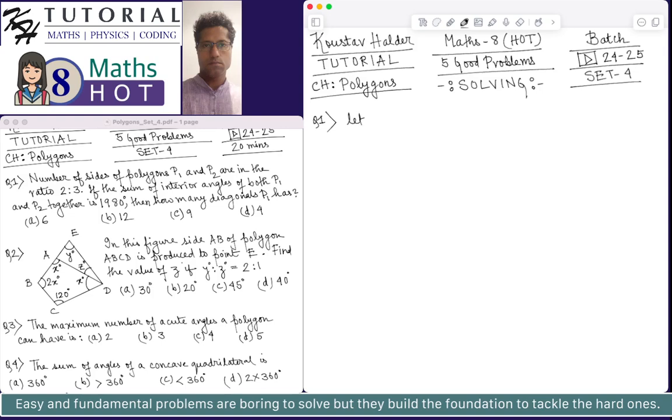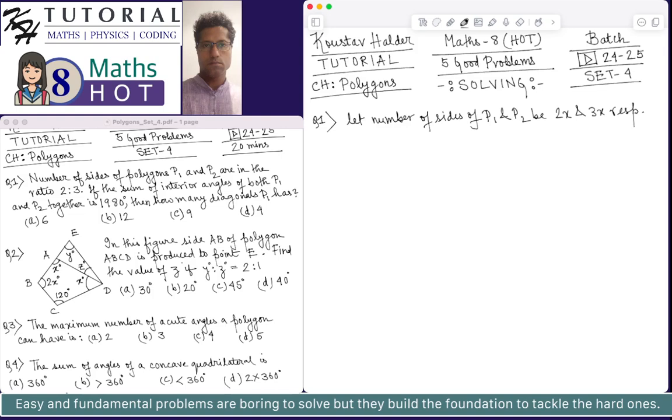Based on the ratio, we assume the number of sides of P1 and P2 to be 2x and 3x respectively.